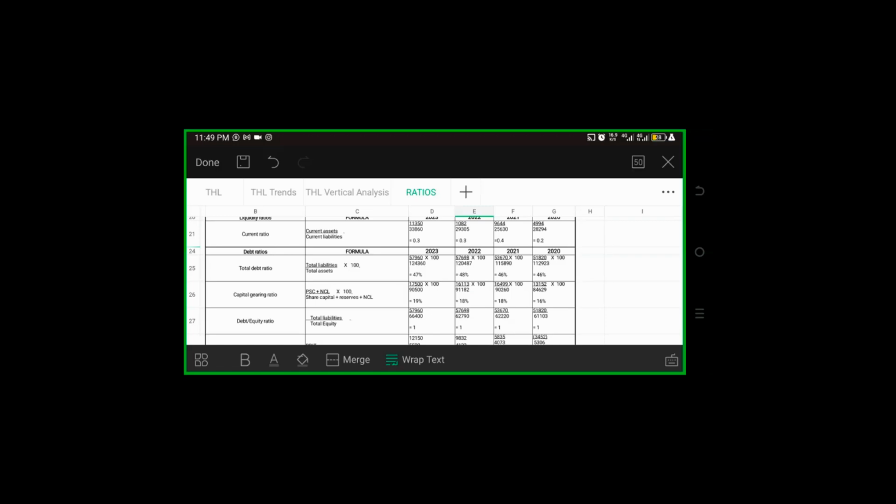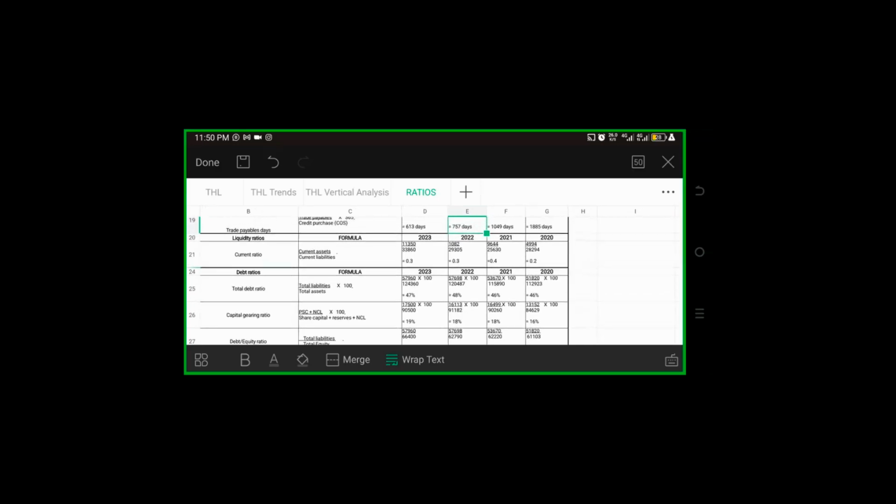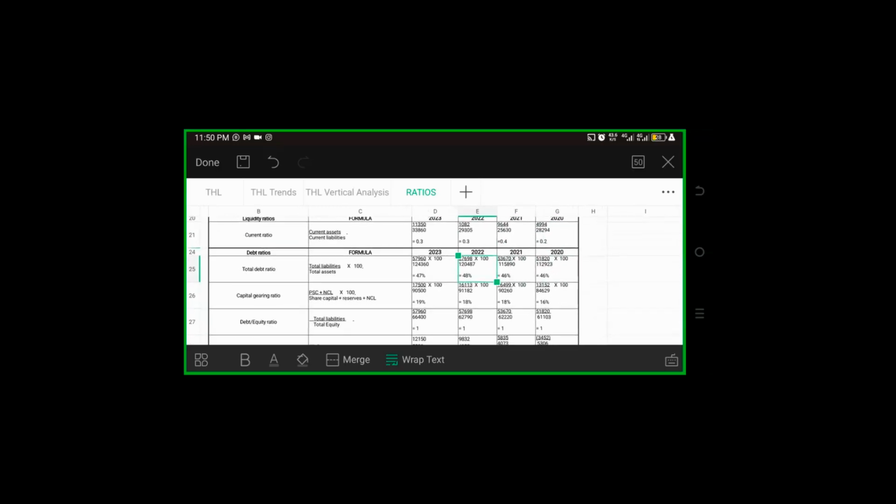I think they are moderately geared, because 50% and above shows that they are highly geared, but they are very close to 50%. For now they are moderately geared, so they may still be doing okay. But looking at their current ratio, which shows that they are fighting liquidity, taking more loans might not be an option for the company.